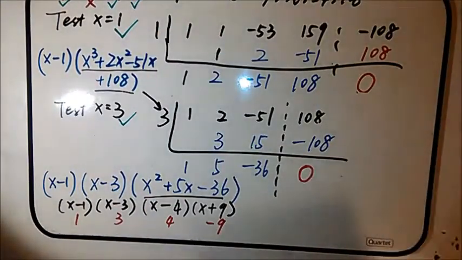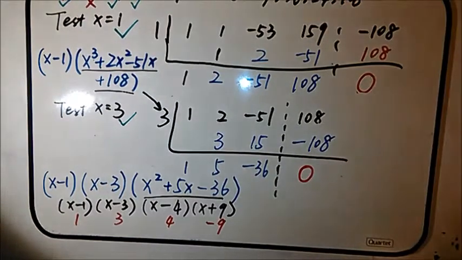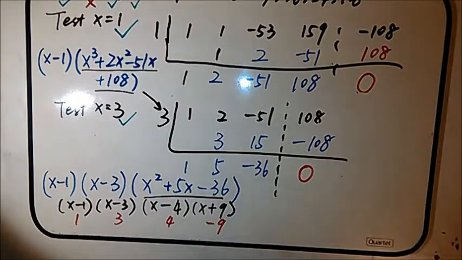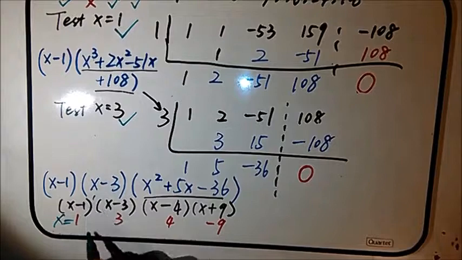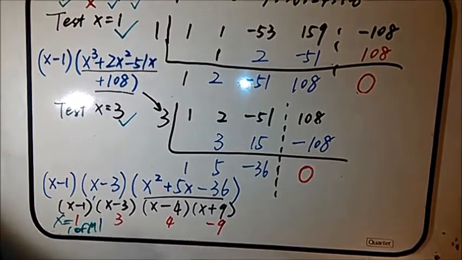Okay, and if we want to factor all of these, right? We have to get the multiplicities of all the x's. So the multiplicity of this one, x equal to 1, will be 1.